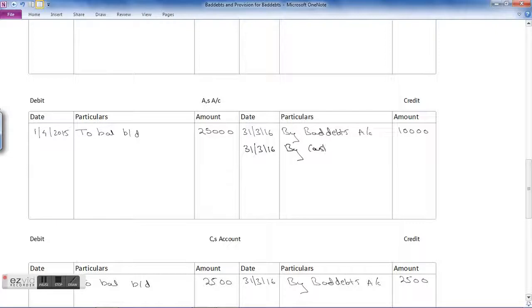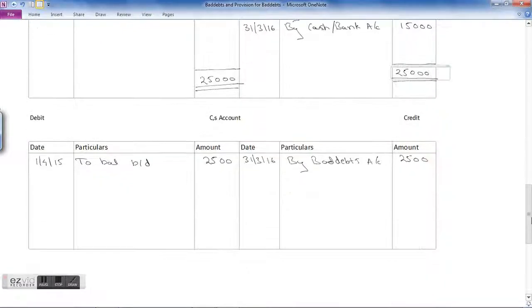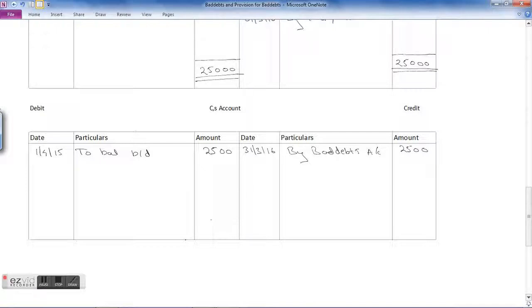Now let's close all the ledger accounts. In A's account the total is 25,000 on both sides, so no balance. In C's account the total is 2,500 on both sides, so no balance carried forward.